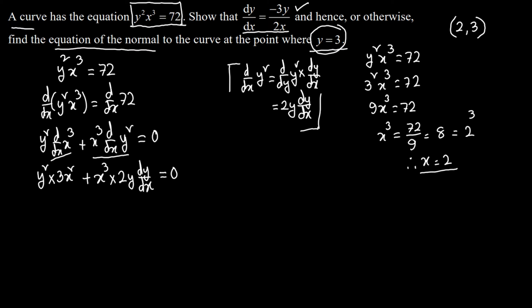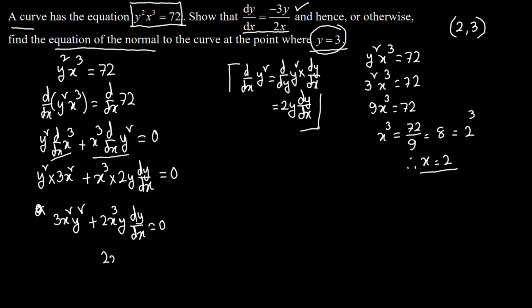So that is the expression. Let me simplify it more: we can write 3x²y² + 2x³y dy/dx = 0.